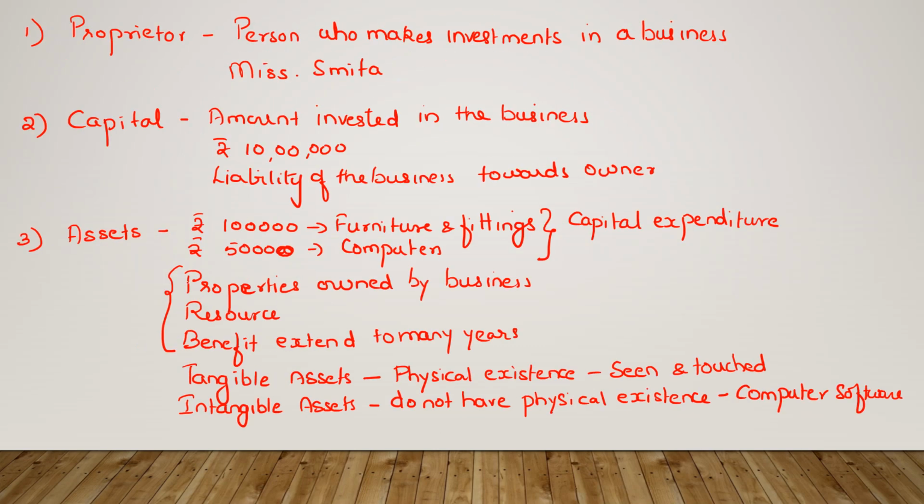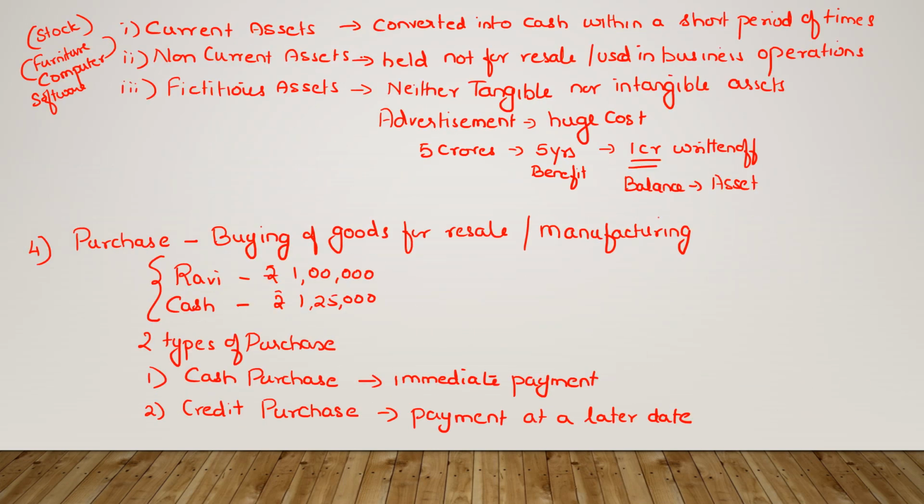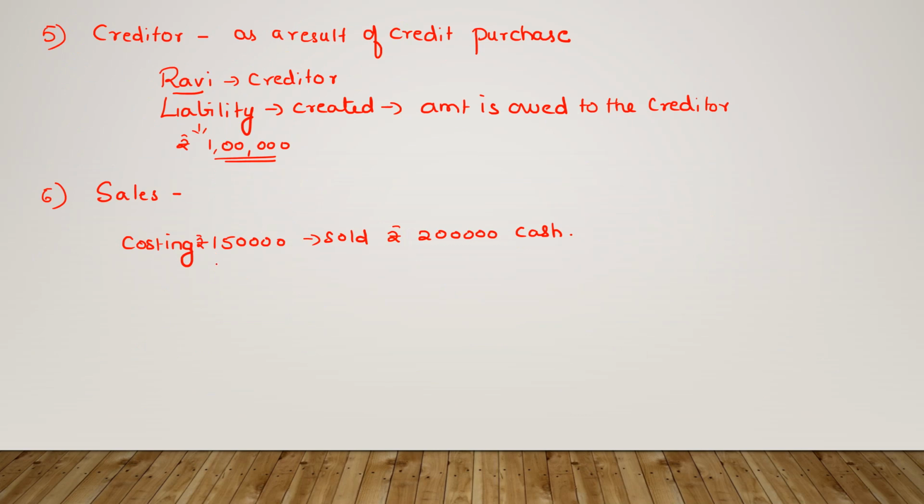And rupees 50,000 worth of goods to Sheetal for 60,000. So she has sold here to another person goods costing 50,000 rupees. It has been sold to Sheetal for rupees 60,000.